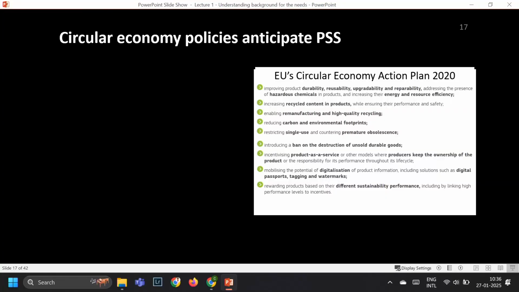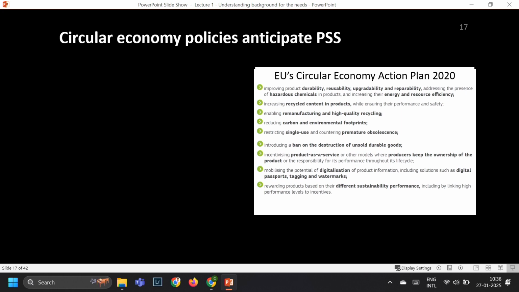And with that as a background, the European Commission issued a Circular Economy Action Plan back in 2020. Now I think they are in the phase of publishing the next version of the action plan.